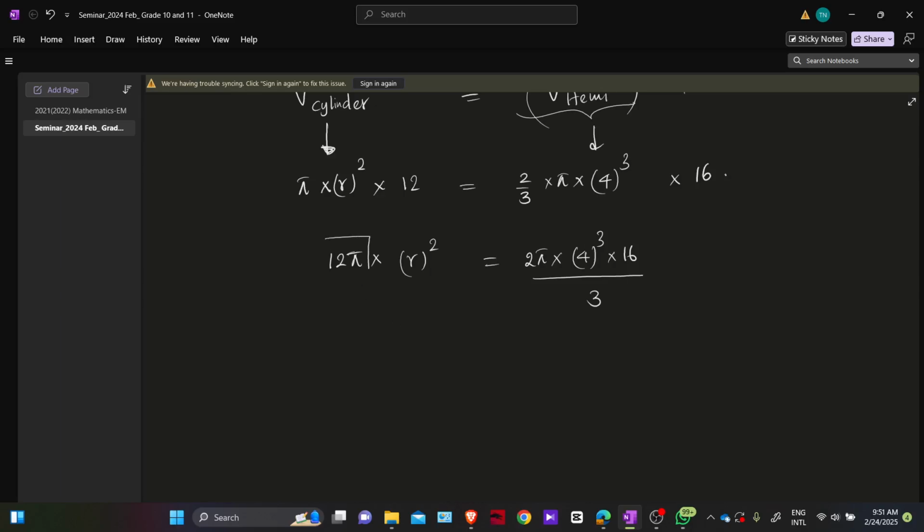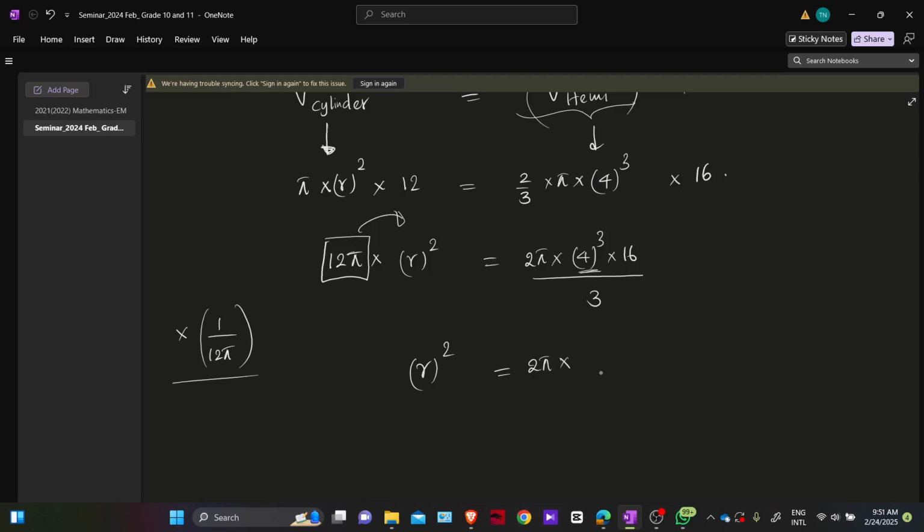Now I'm gonna remove this part, which means I need to multiply both ends by 1 over 12 pi. Just take the reciprocal of this, right? So r to the index 2 will be equal to 2 pi, right?